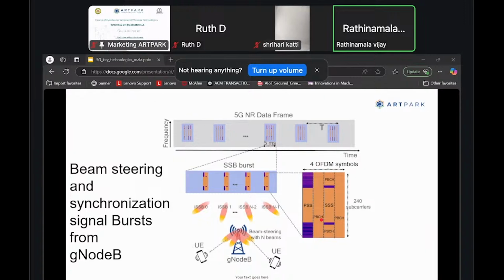When we talk about essential information, what do we mean? It actually sends the identity of the cell within the network. That is, the cell number or the system frame number will be sent periodically to help the device synchronize its clock with the network.